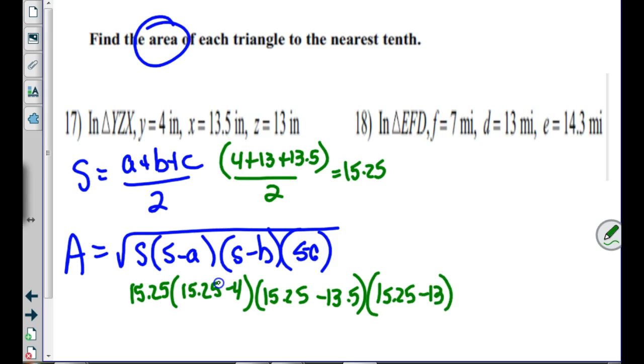And then we'd need to square root that all. I get like 675 point something. And when I square rooted it, it's basically 26.